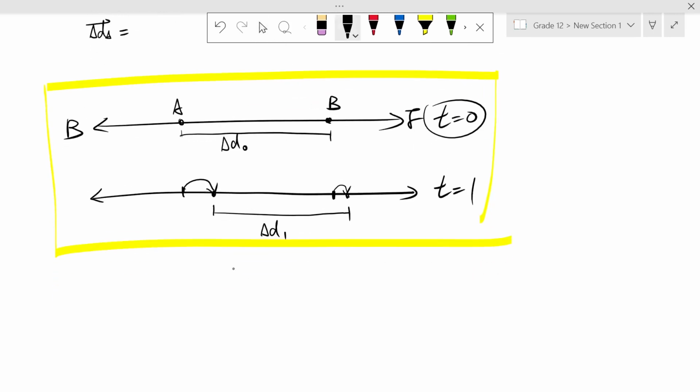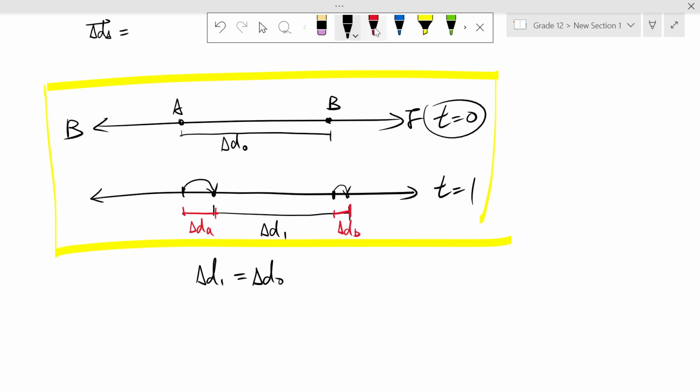That's delta d1. What is delta d1 equal to? It equals delta d0, but it's missing this distance. I'll call it delta dA, and it's gained this distance called delta dB.